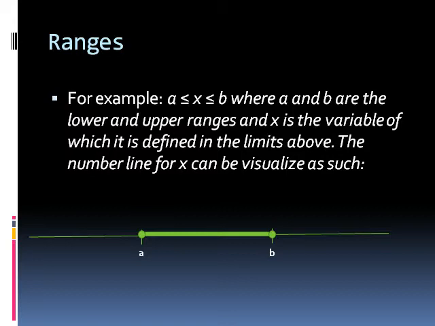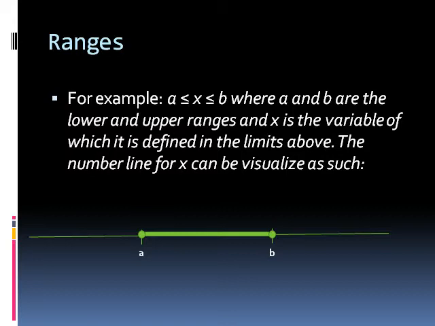We're given the formula that x can be greater than or equal to a, and it can also be less than or equal to b, where a and b are the lower and upper limits, and x is the variable defined within the limits above.